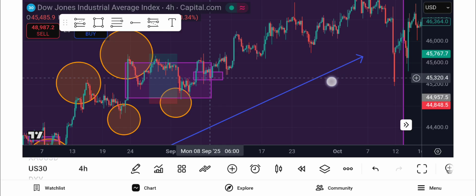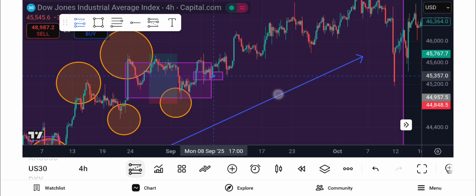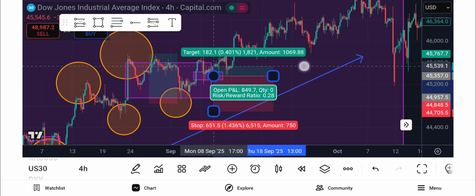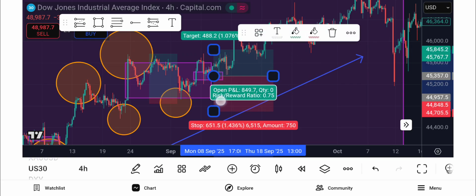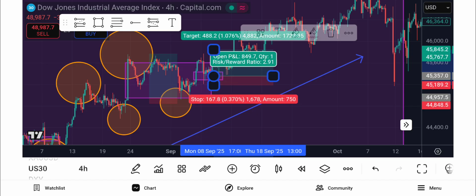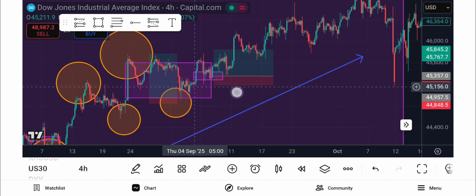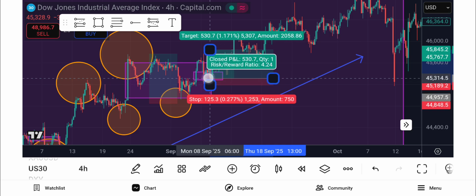The next day, 9, 10 o'clock again, you could enter again. Stop loss will be below the first candle that started the fair value gap, which is this first candle right here. You can have the stop loss below it.